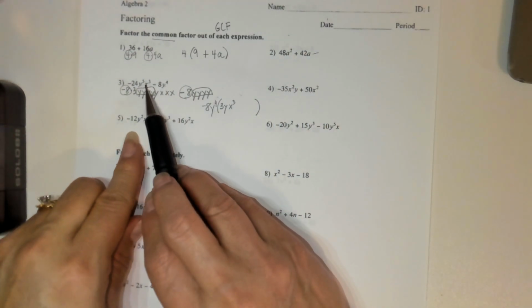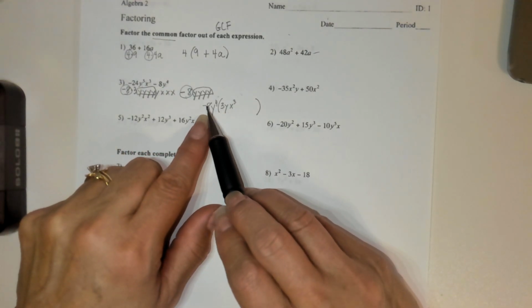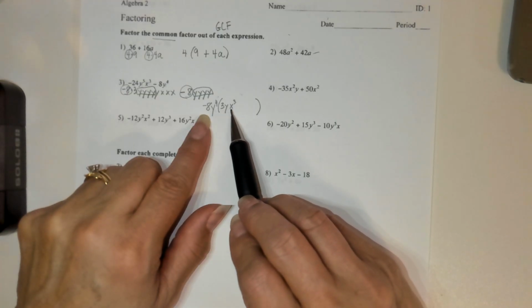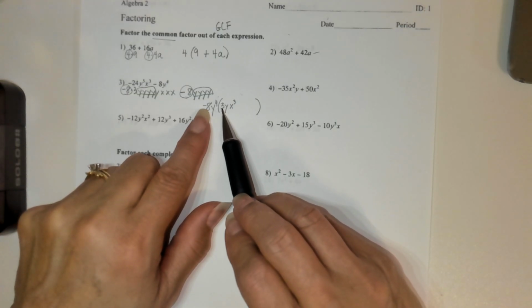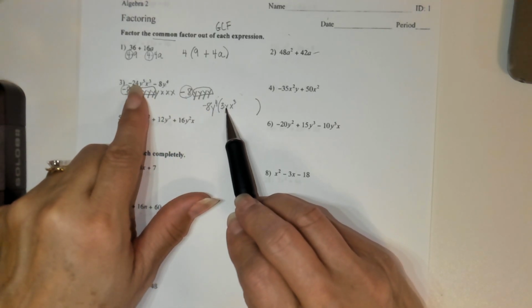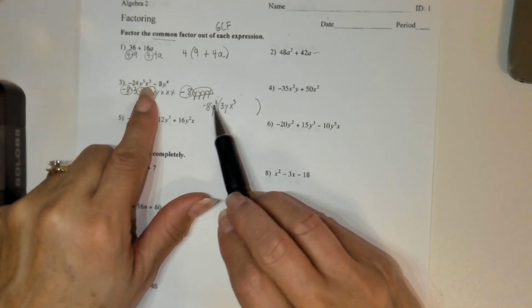But when we're multiplying to get this back, if you distribute and you say negative 8 y to the 4th times 3y x cubed, well, your negative 8 times your 3 would make the negative 24. Y to the 4th times y makes y to the 5th. And then we have our x cubed.